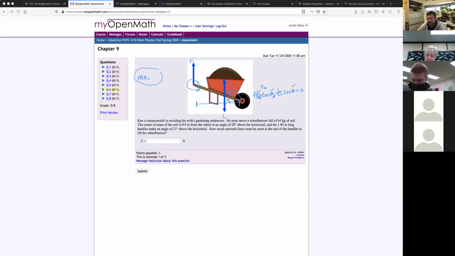So now I know the length of the handle, I know the angles, I know the distance to the load, and I know the amount of the load. So I know everything here except for this force.